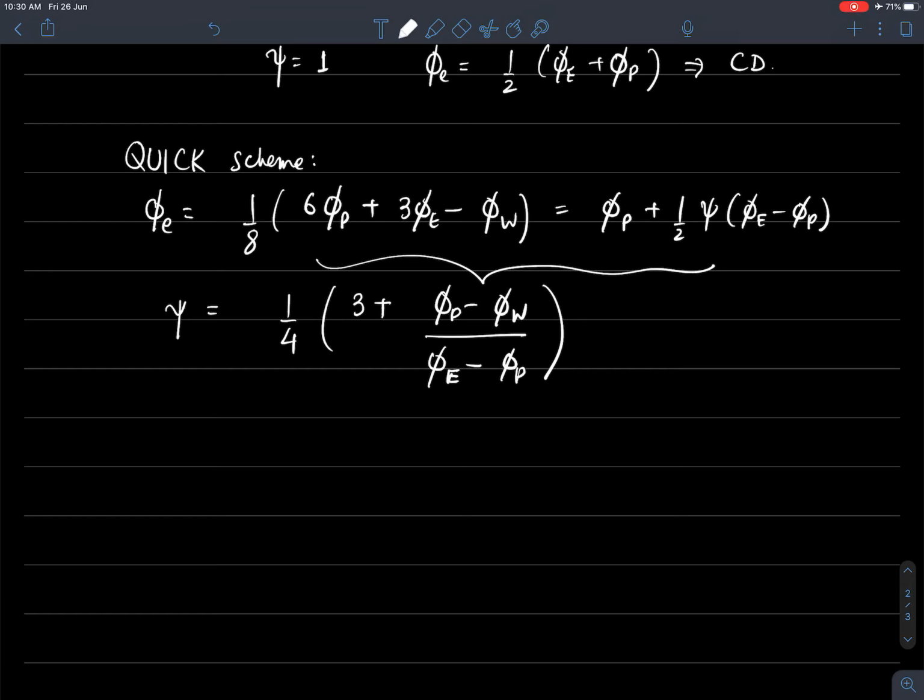Now if you look at the right hand side, this function here, phi p minus phi w by phi e minus phi p, is sort of like the ratio of the upwind side gradient of phi to the downstream side gradient.